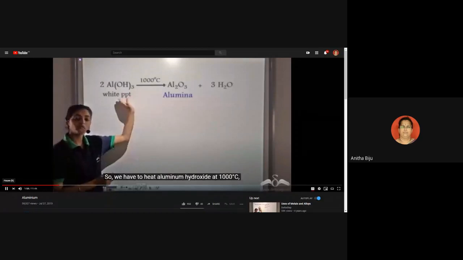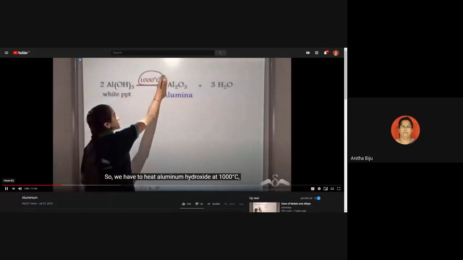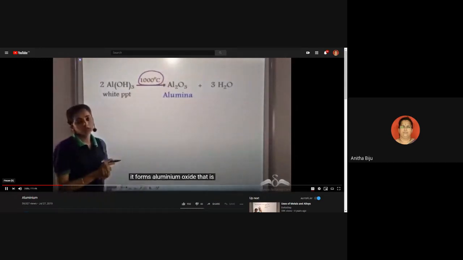So we have to heat aluminium hydroxide at 1000 degrees Celsius. Now write the third equation. 2Al(OH)3, white precipitate, heated at a temperature of about 1000 degrees Celsius, gives alumina. Aluminium oxide is called alumina, plus 3 water molecules.